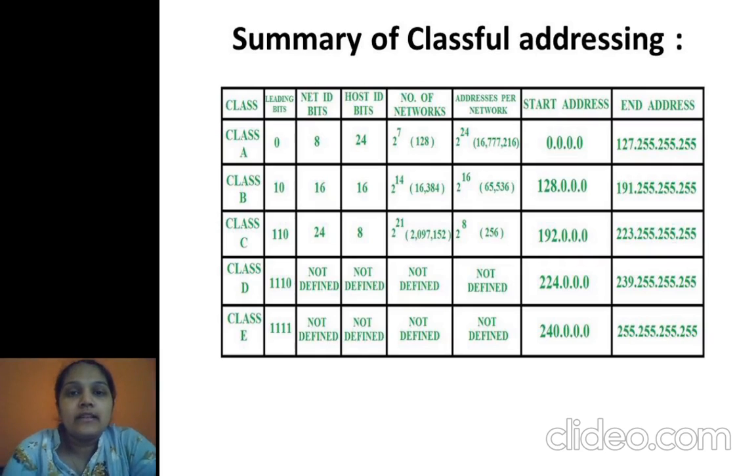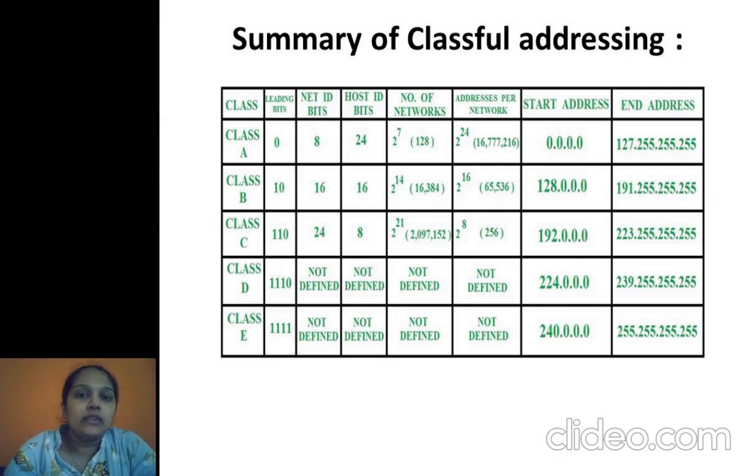As the net ID uses 7 bits, because the first leading bit is 0 and the remaining 7 bits are used, the number of networks is 2 raised to 7. The same goes for class B: the leading bits used are 2 and the remaining are 14 bits, so 2 raised to 14, because it's a 32-bit calculation.